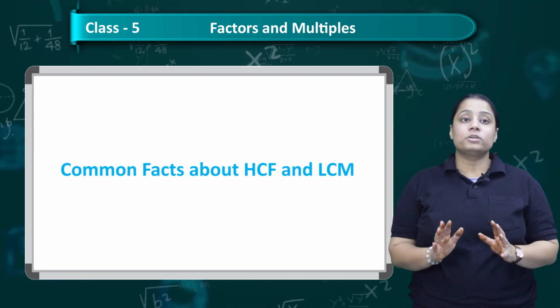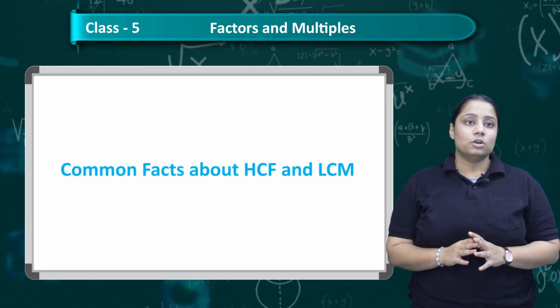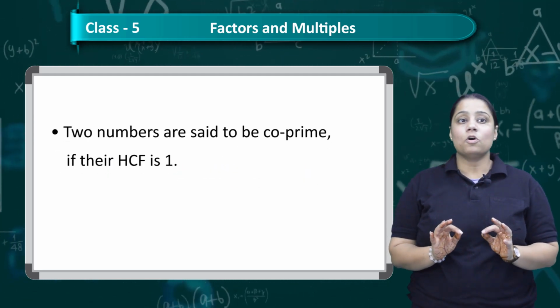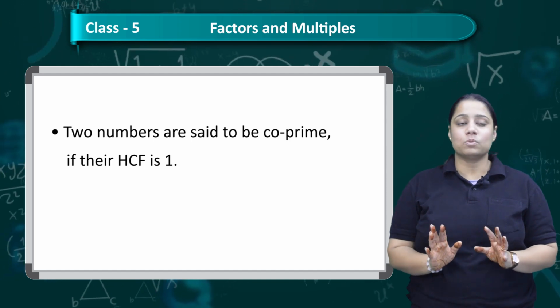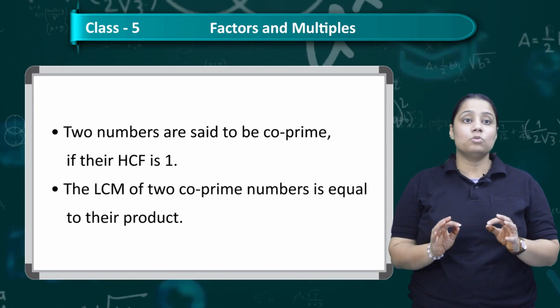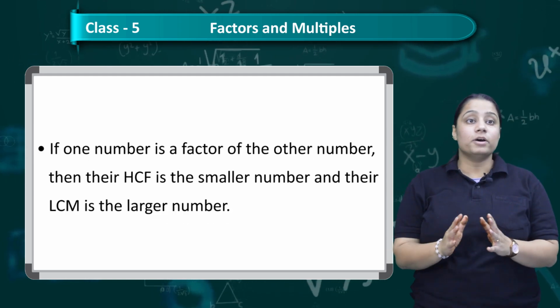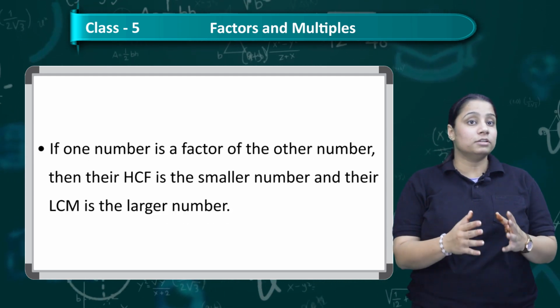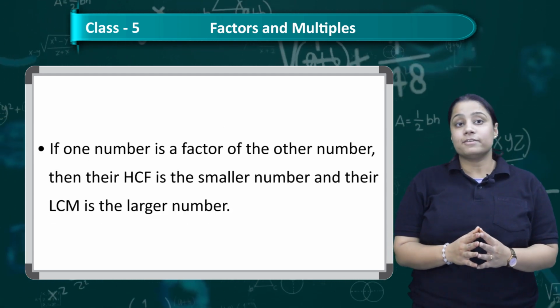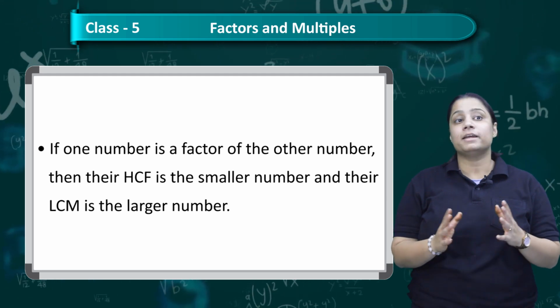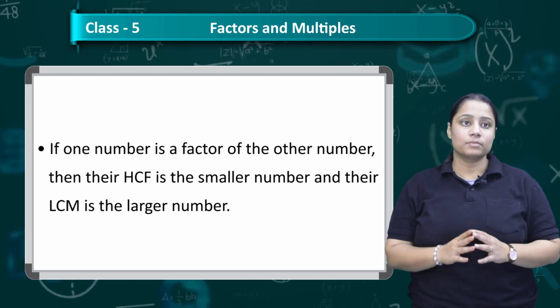Common facts about HCF and LCM. Two numbers are said to be co-prime if their HCF is 1. The LCM of two co-prime numbers is equal to their product. If one number is a factor of the other number, then their HCF is the smaller number and their LCM is the larger number.